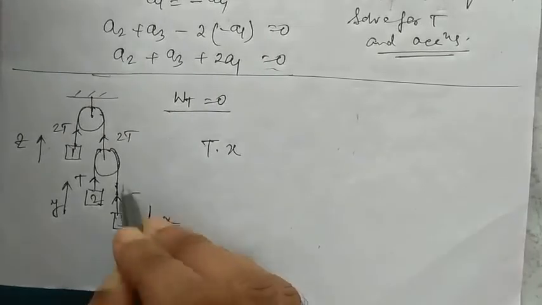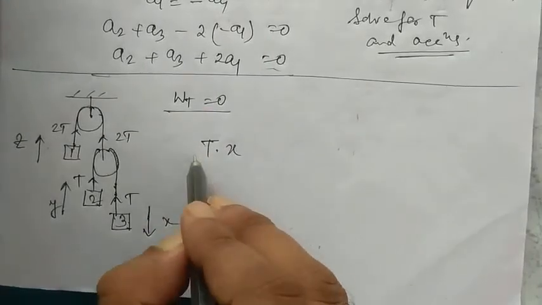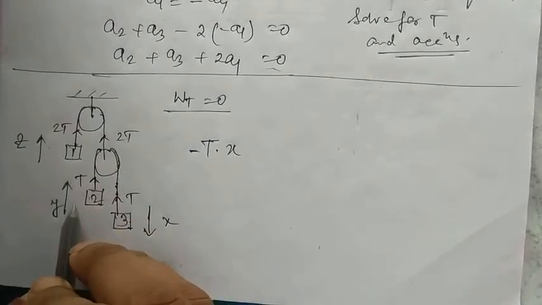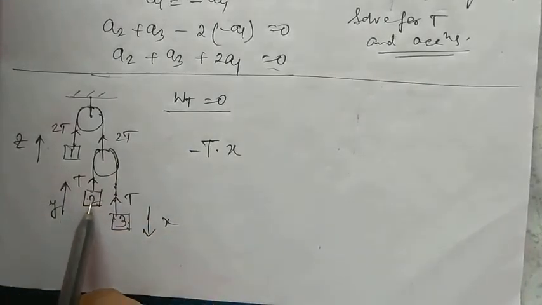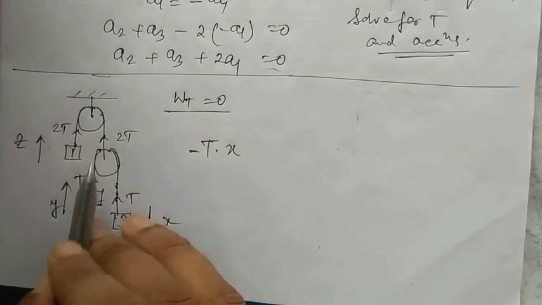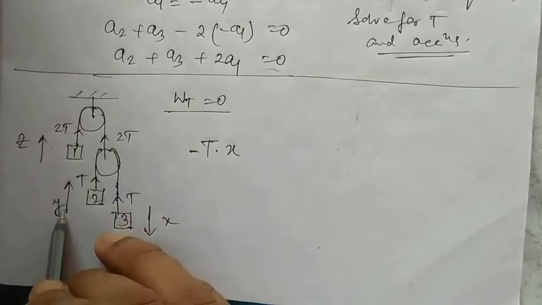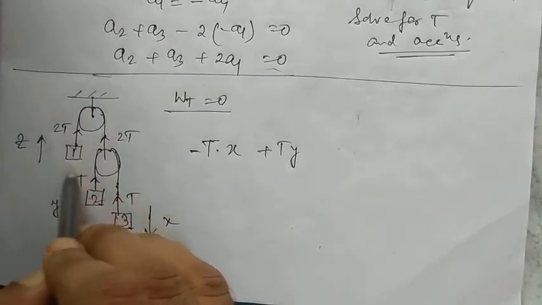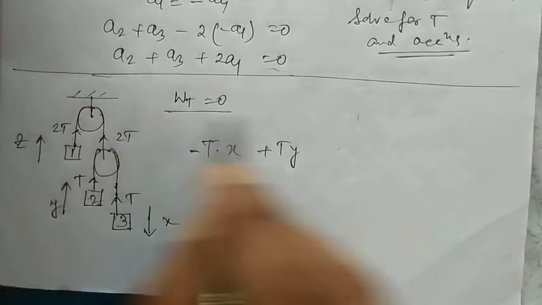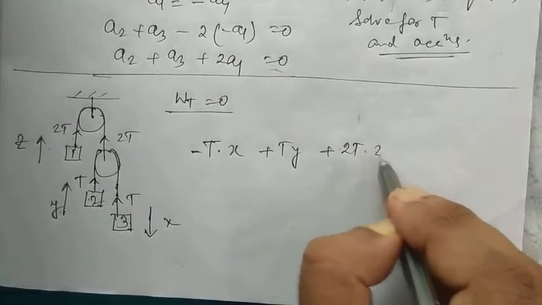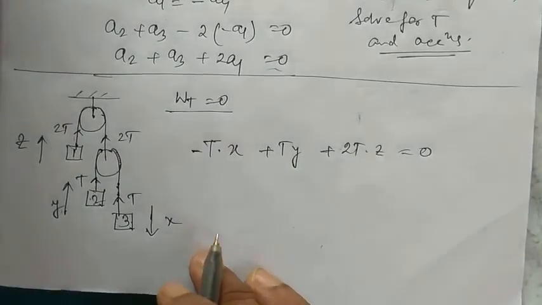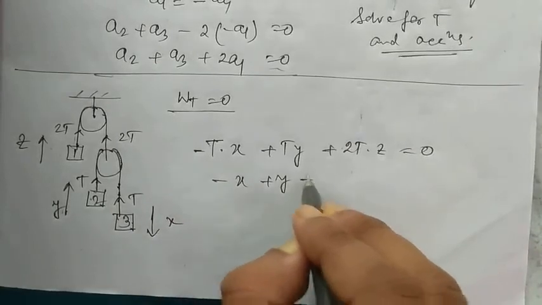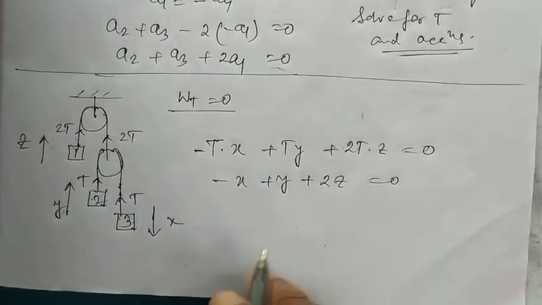T is upwards, x is downwards, so there will be a negative sign. The block of mass 2 kg has a tension force upwards and it also moves upwards, so it will be plus Ty. And for this block of 1 kg, 2T is upwards, z is also upwards, so it will be 2Tz. It comes out to be 0. So eliminating T, we get minus x plus y plus 2z is equal to 0.